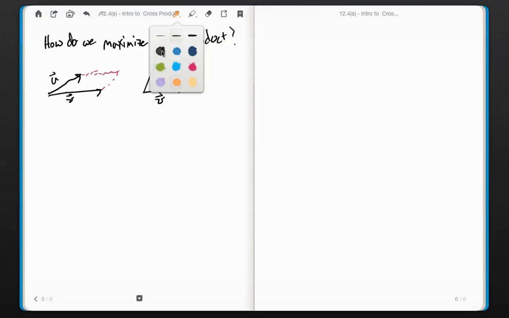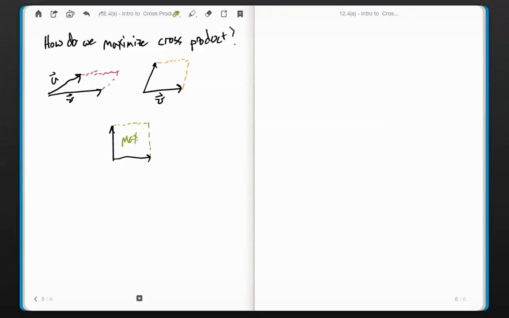Well, how do I maximize it? What if I made them perfectly perpendicular to each other? And what if I made them straight? But I can't. So that's as big as it gets. So this becomes the max when theta, the angle between them, is 90 degrees. Theta equals 90.